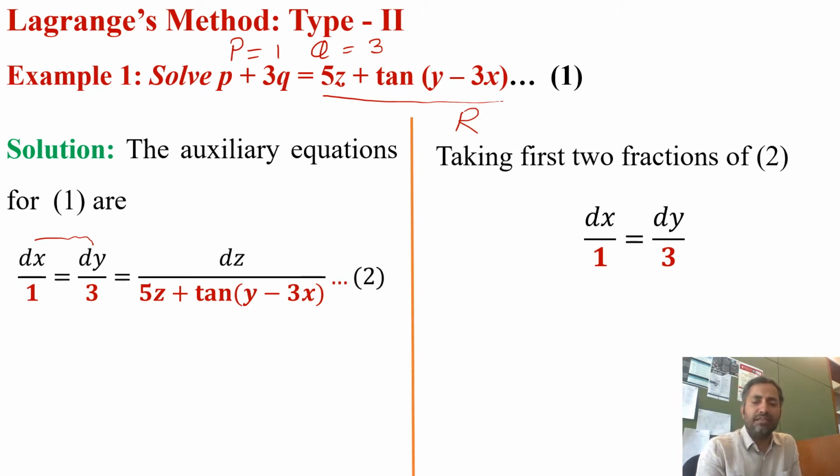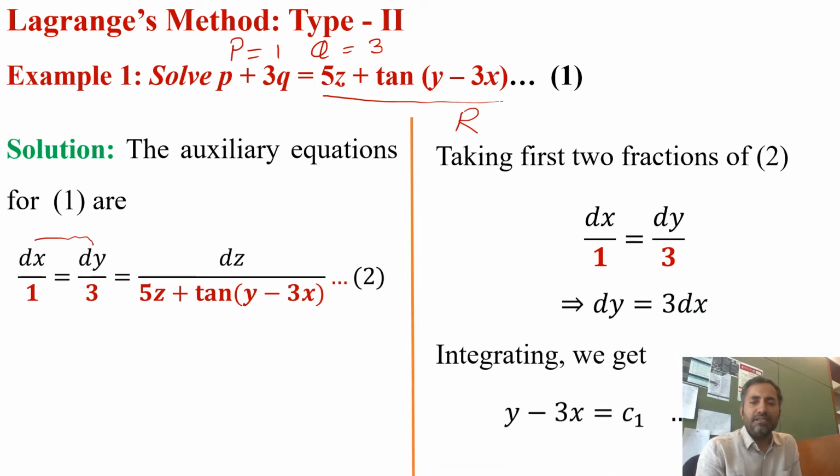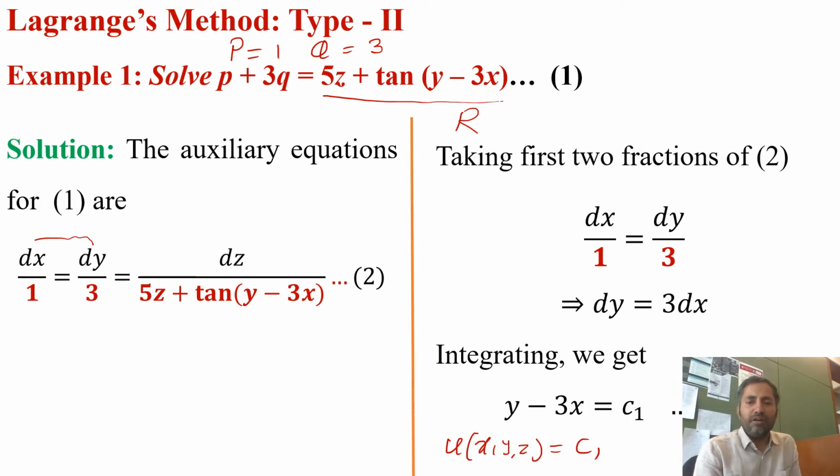Very easily we can solve this. By integrating, y minus 3x is equal to c1. So the first solution is u of x, y, z is equal to c1. Now our next part is to find v.